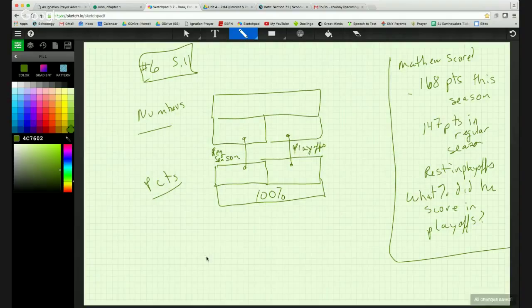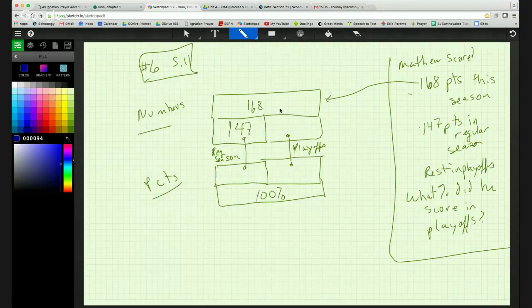All right, so the regular season is part of the season, the playoffs are the rest, and then we have our total. So he scored 168, that goes here. That's the total points for the entire season. He scored 147 in the regular season. So now we can start to solve the problem. Maybe if you didn't get this right, let's fix it up, pause the video, and then try and solve the rest of it.